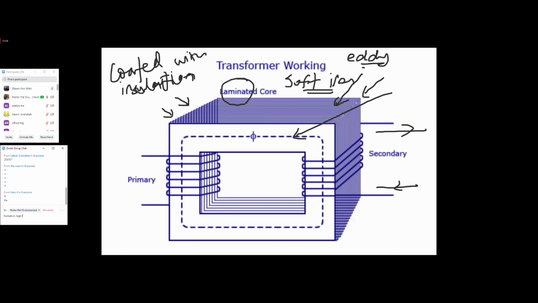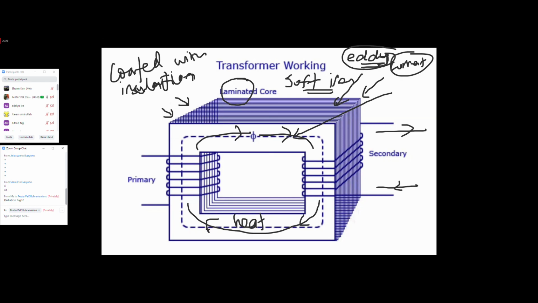This eddy current is the current that is generated in the soft iron. And the problem with that current is it's a closed loop. When the current is produced in a closed loop, this current also can produce a lot of heat. Not radiation, a lot of heat.